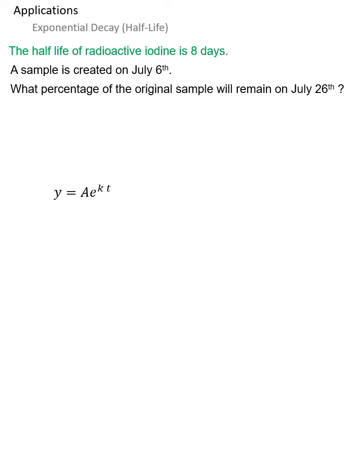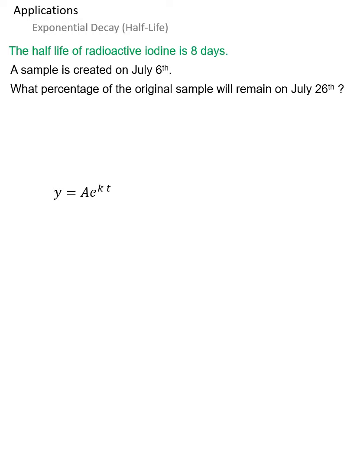Because they say that this is a radioactive decay problem, it turns out that it is also modelable by the exponential growth formula. So the same formula that we used for the population of the city just now can be used to model the percentage of a particular radioactive sample that remains on any given day.